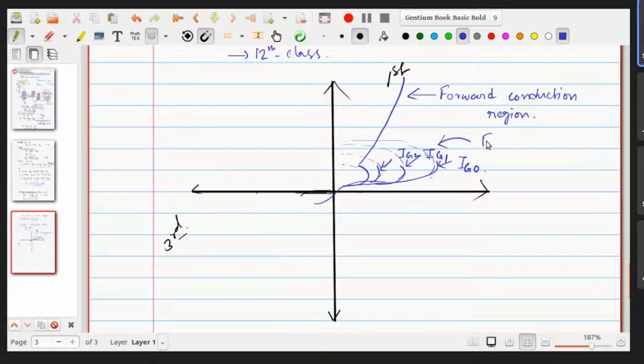This zone is the forward blocking region.